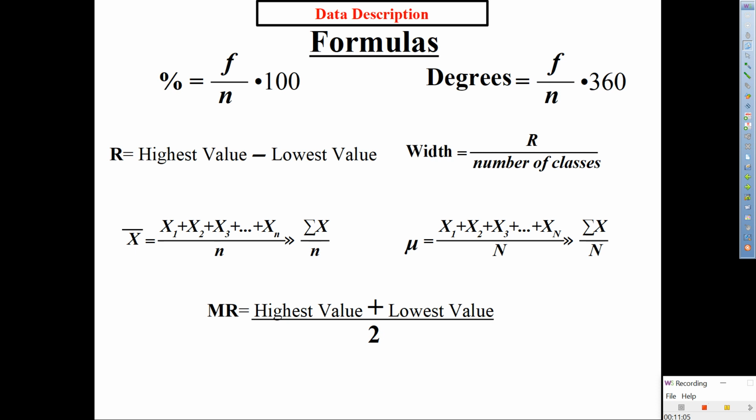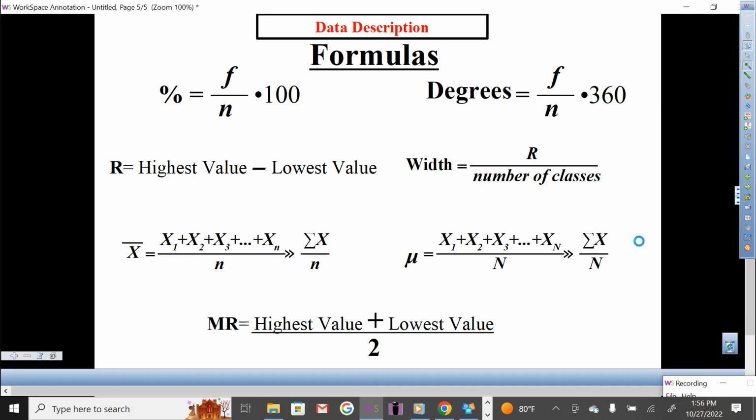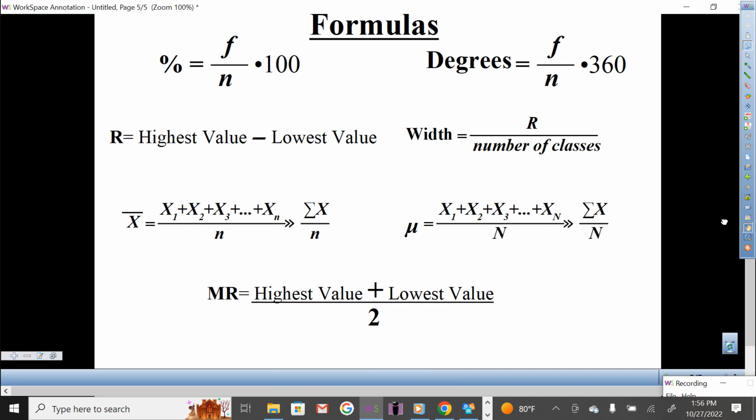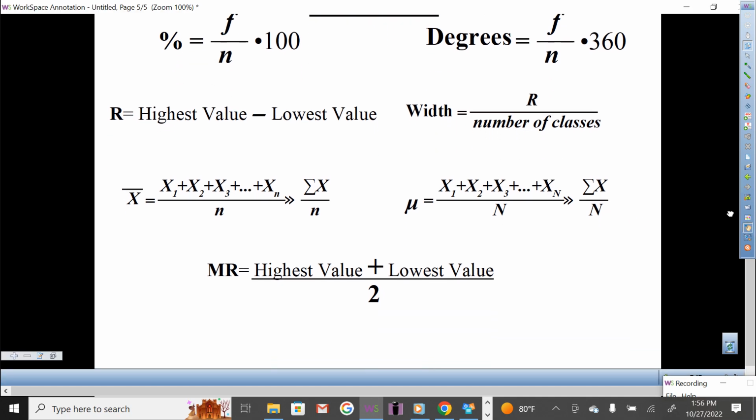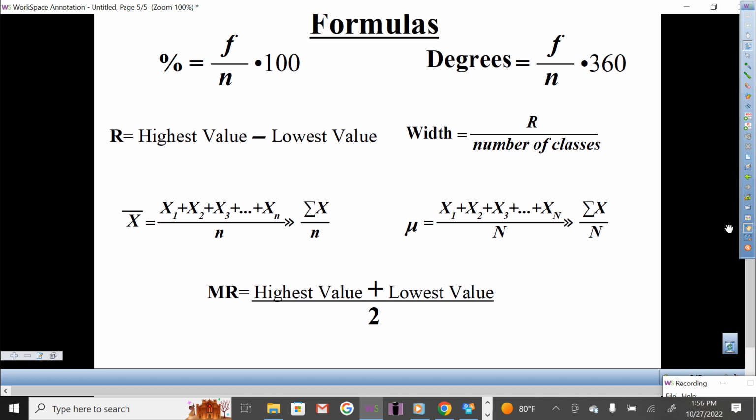All right, formula for the population mean. Eric, population mean. Mu, that is correct.